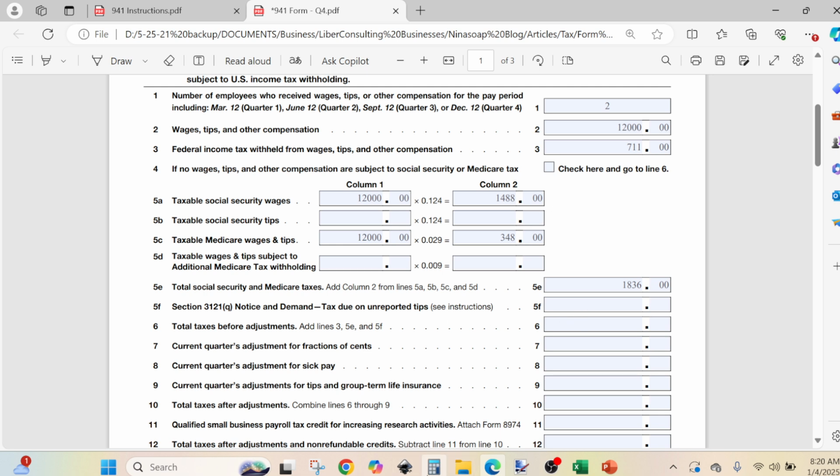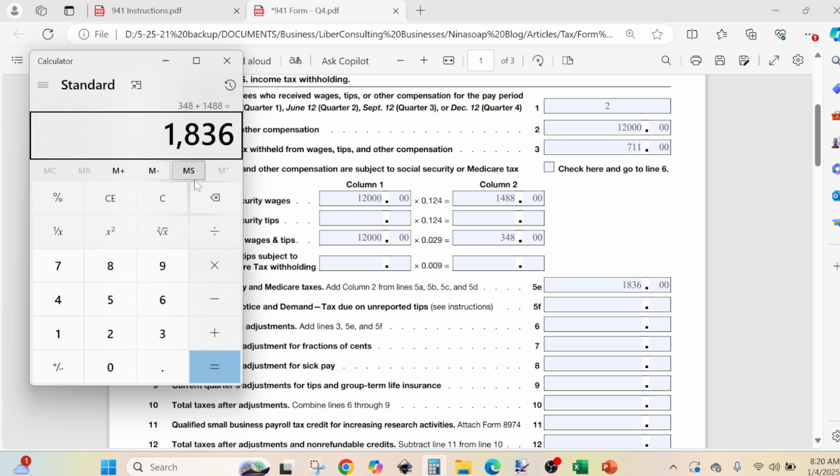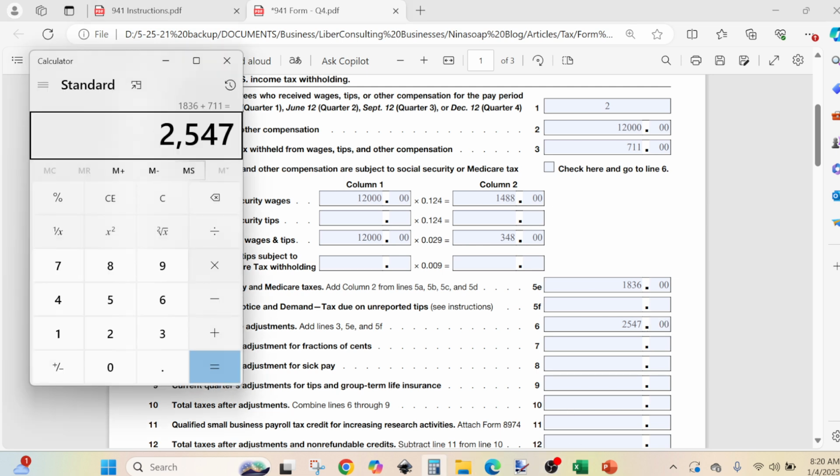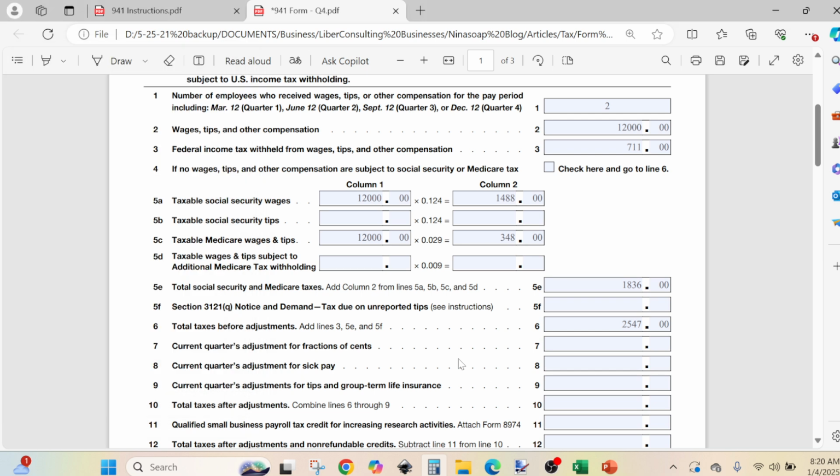So we are going to take our calculator here. 1836 plus 711 is going to be 2547. And we will check it again. 2547.